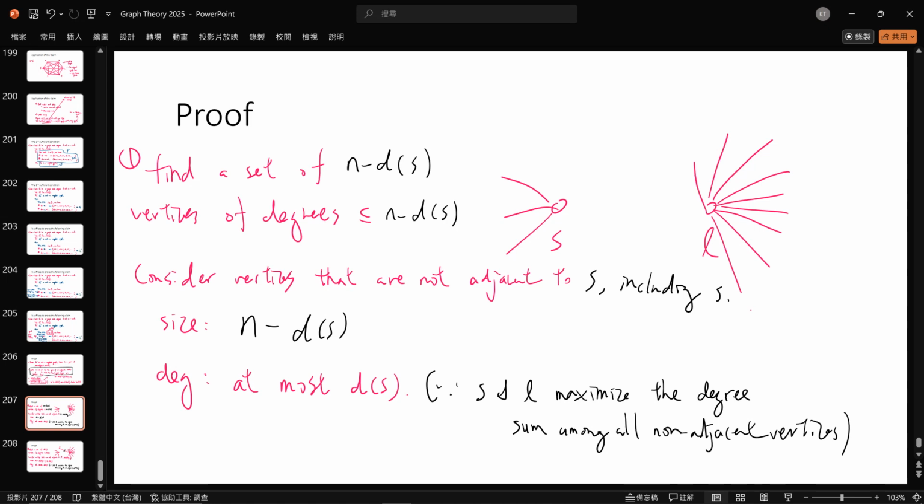And what is the degree? Well, by a similar idea, the degree is at most dl, right?